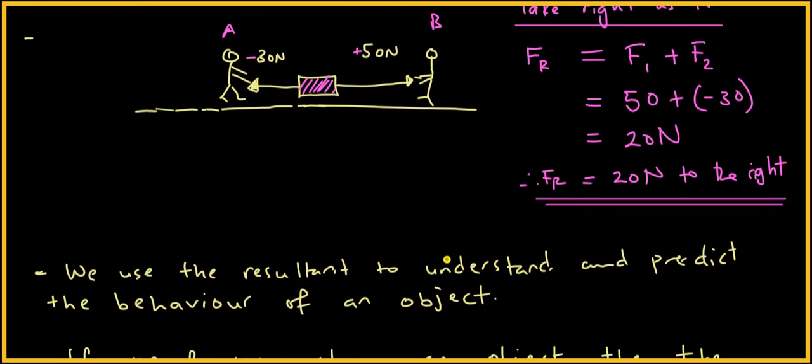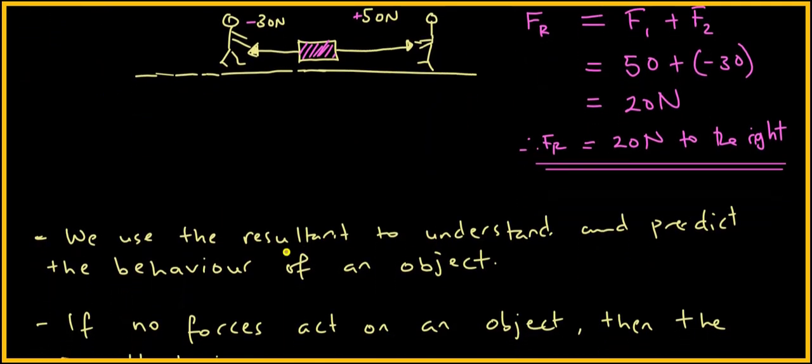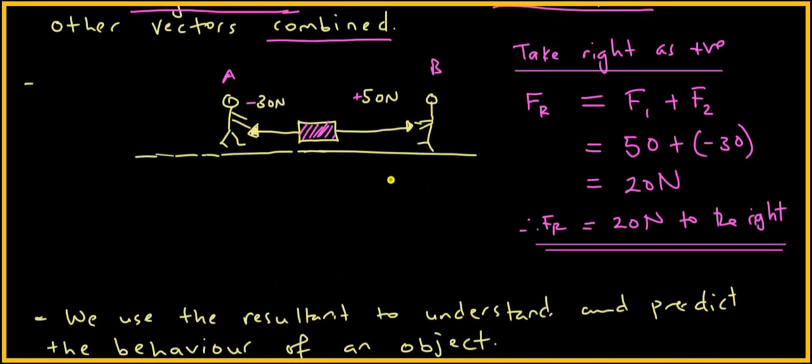So what does a resultant force imply? We use a resultant force to understand and predict the behavior of an object. In this case, we can have this same object experiencing a force of 20 newtons to the right.